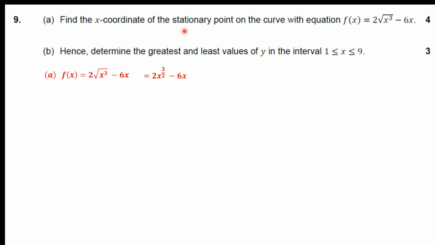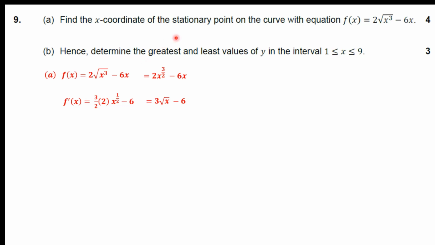Now then, we know that at a stationary point, the gradient of the tangent, no, sorry, I've got to differentiate first, sorry about that. So differentiate first means you've got to bring the 3 over 2 down, multiply with the 2, and then reduce the power from 3/2 to 1/2 by subtracting 1. The 2s will cancel to leave 3 times x to the power of 1/2, take away 6, but x to the power of 1/2 is root x, so there it is.